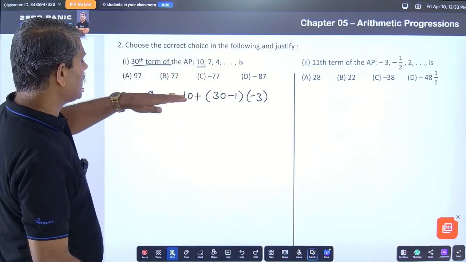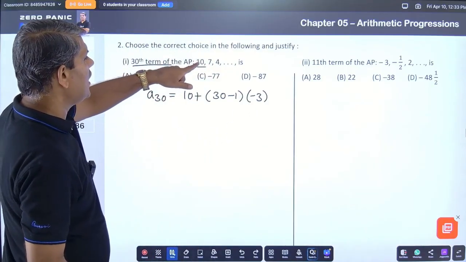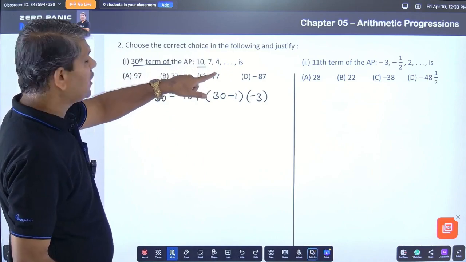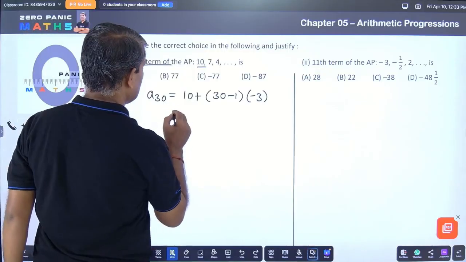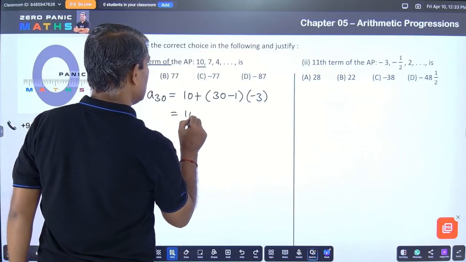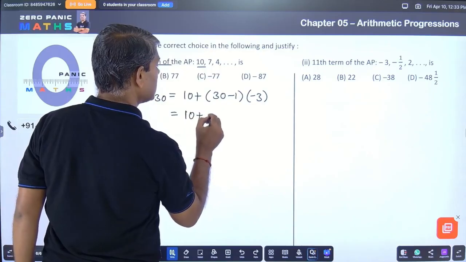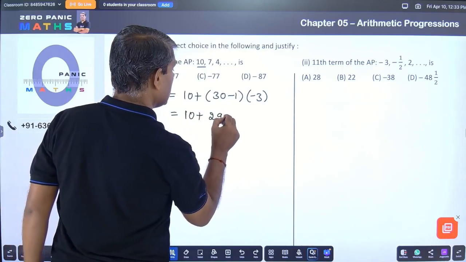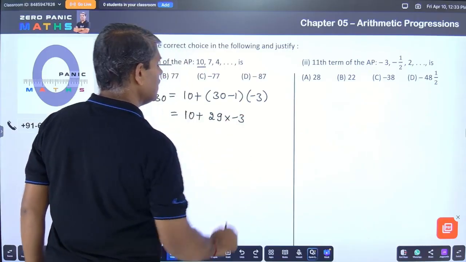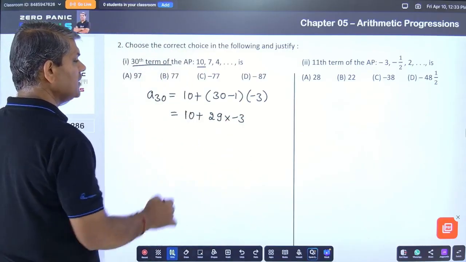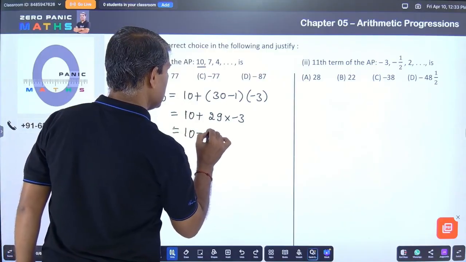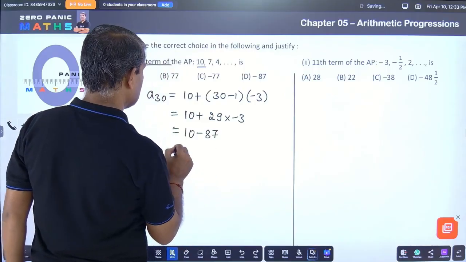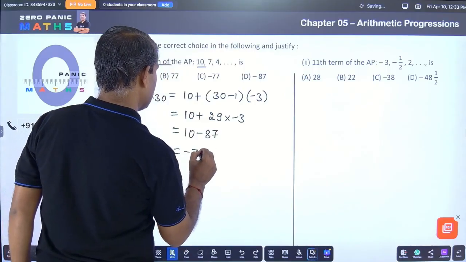If you want, you can write that in one step also: here a is equal to 10, d is equal to 7 minus 10, which is minus 3. Now 10 plus 29 times minus 3. What is 29 times 3? It is 87, right? 10 minus 87, which is equal to minus 77.